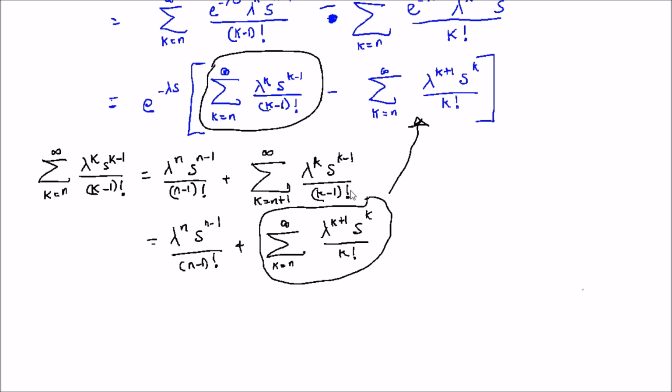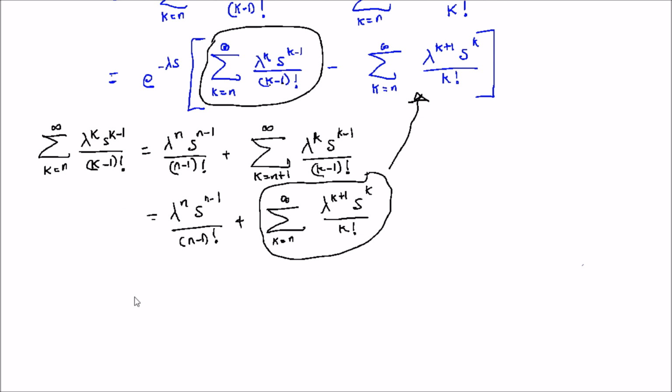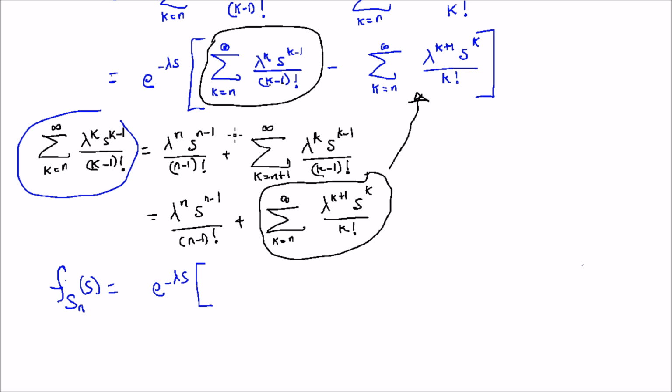Okay, so therefore we have the probability density function of time to the nth arrival is equal to, now in place of this, I can use that expression, and this term basically cancels out with the other, exactly the same term. What's left over is e to the negative lambda s times that expression, lambda to the power of n, s to the n minus 1 divided by n minus 1 factorial.